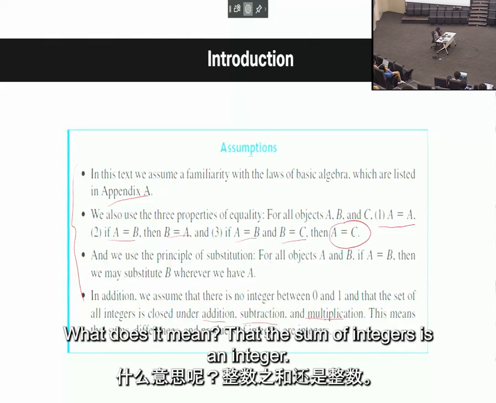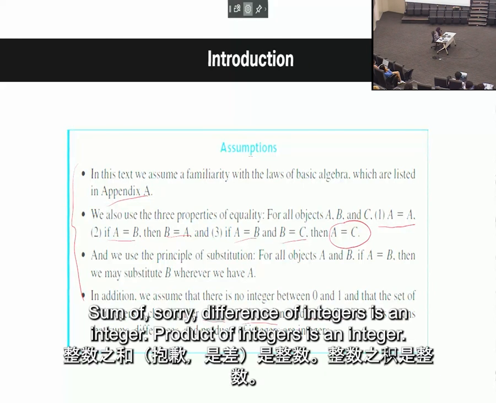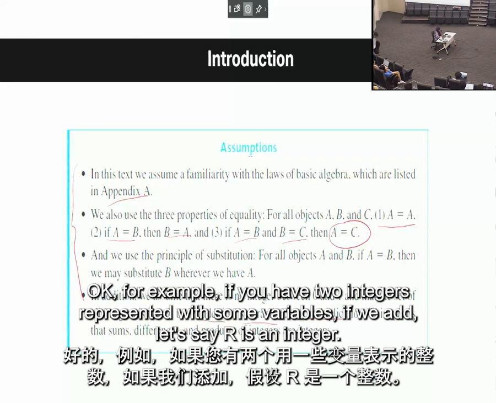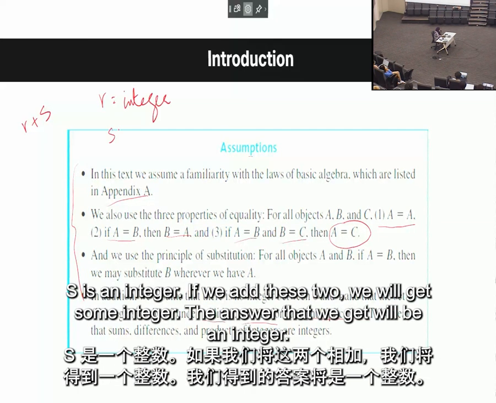What does it mean? That the sum of integers is an integer. Difference of integers is an integer. Product of integers is an integer. Okay. For example, if you have 2 integers represented with some variables, let's say R is an integer, S is an integer.